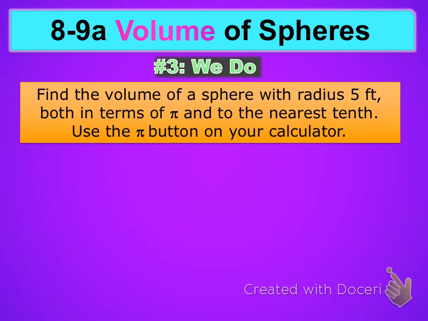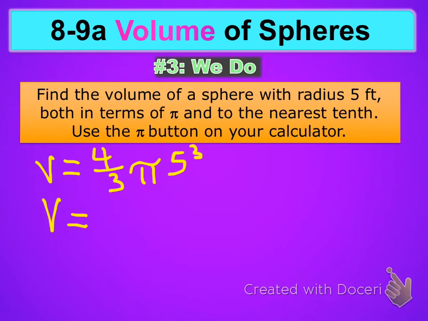You're to find the volume of a sphere with a radius of 5 feet, again both in terms of pi and to the nearest tenth. So if we try this out, again, volume equals 4/3 pi, our radius, which is 5, cubed. You should end up with 166 2/3 pi feet cubed.